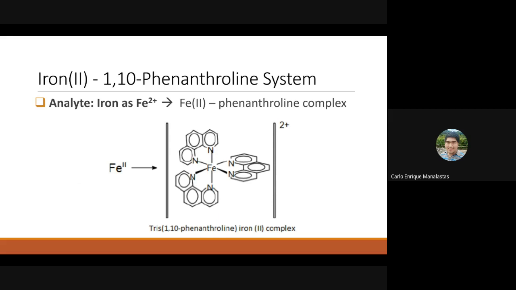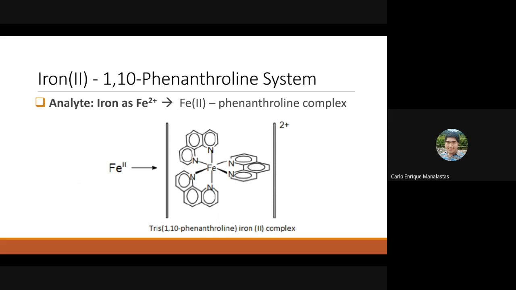And since it is colored, you can use UV-Vis spectrophotometry to determine its absorption properties. So you can obtain its absorption spectra and determine its wavelength of maximum absorbance. And of course, you can measure the absorbances of the solutions.